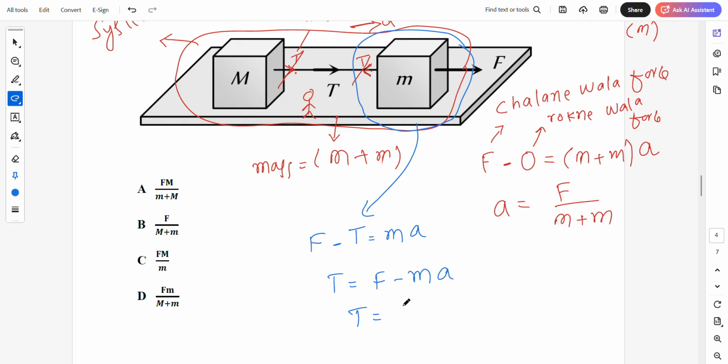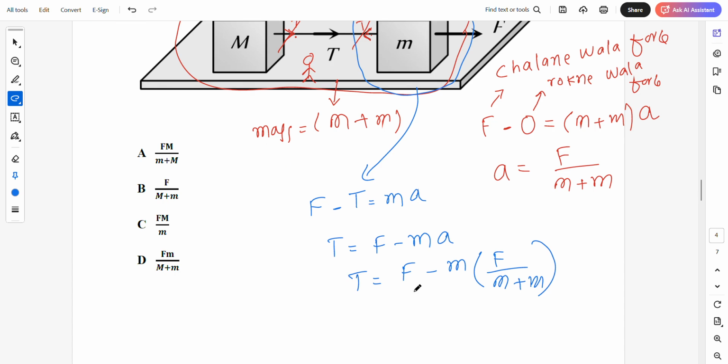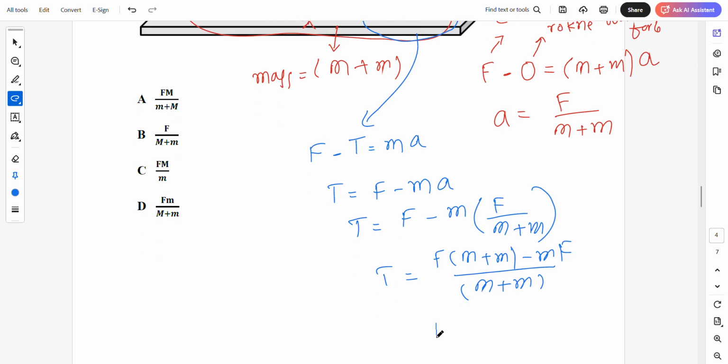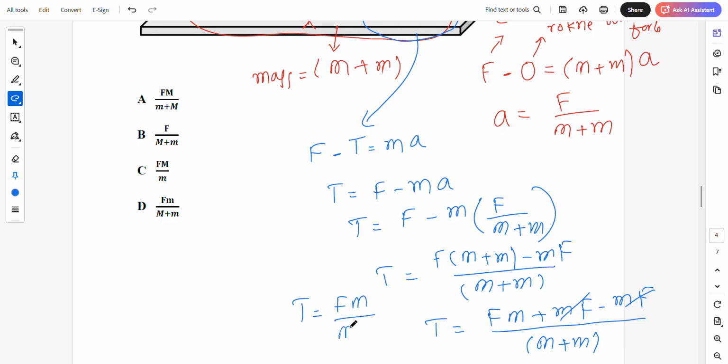T is equal to F minus M times A, and A is F divided by M plus M. Or if I take M plus M as LCM, you can write F into (M plus M) minus MF, divided by M plus M. Tension is equal to Fm plus Mf minus Mf divided by M plus M. These two get cancelled. T is equal to Fm divided by M plus M.